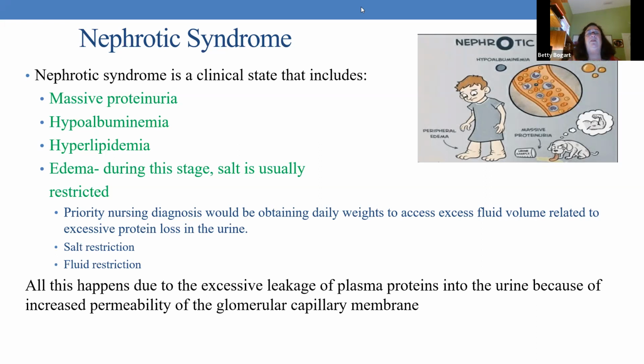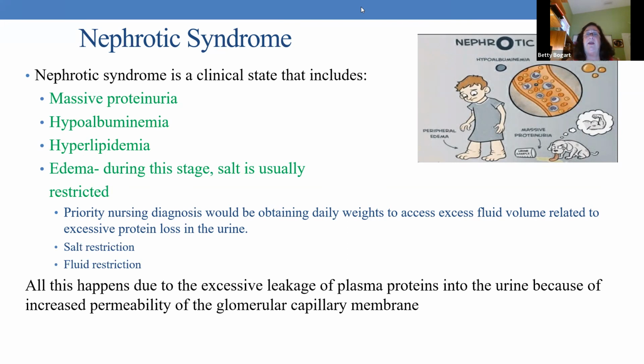So this is a child who is urinating, okay? Proteinuria, they have it, yes, but one of the things we have to be very careful with is daily weights, okay? Because the fluid goes in the body and goes extracellular into the tissues, they just get swollen and swollen.